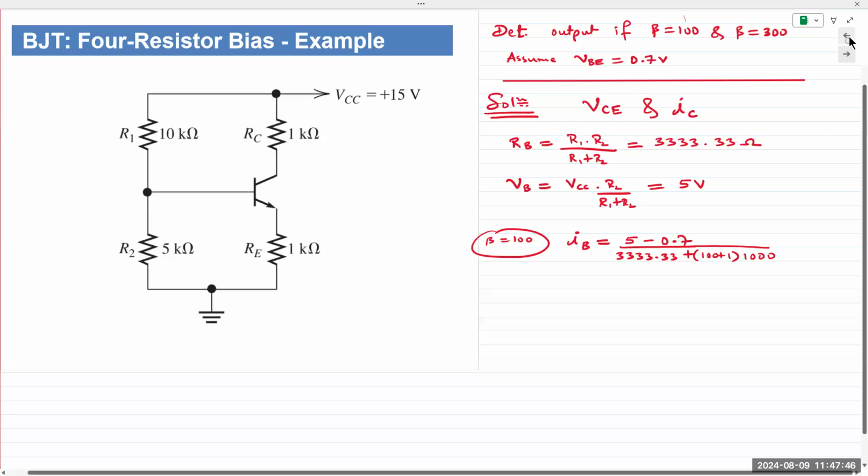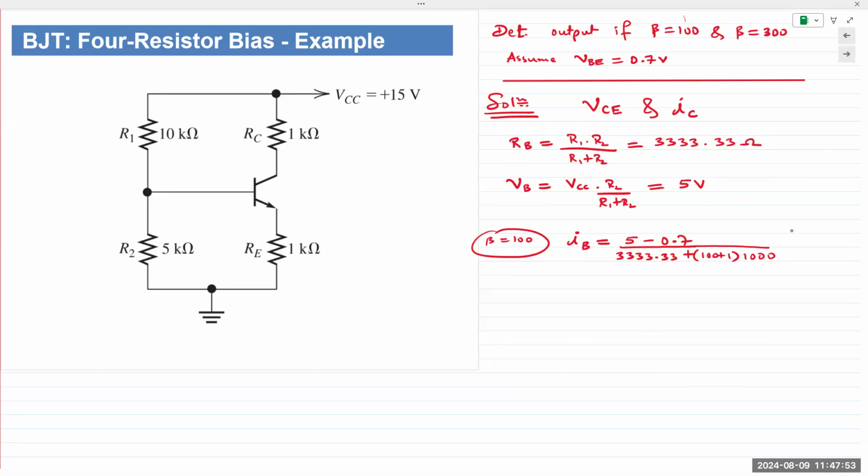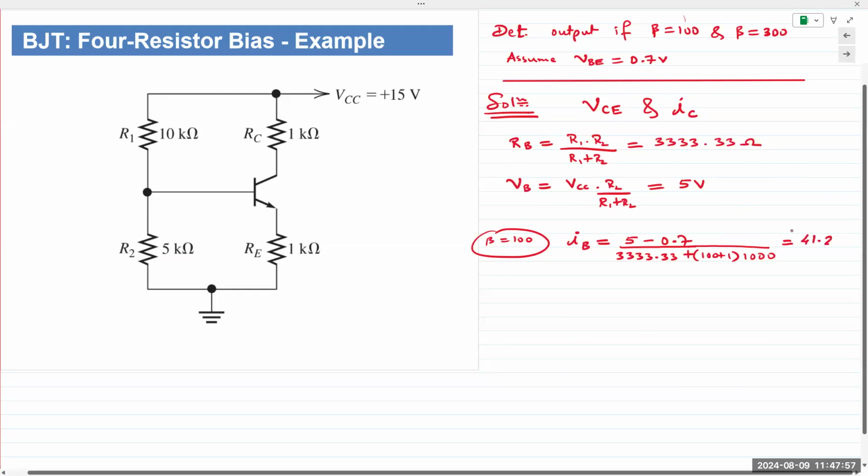Right? You get my equation correct? Yes, beta plus 1 times RE, so 100 plus 1 times 1000. And I obtain 41.2 microamps.